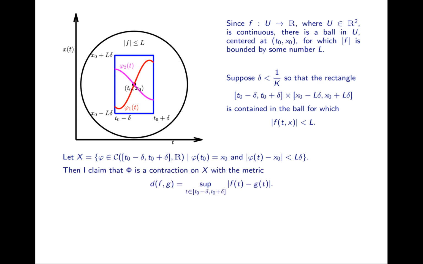So I claim that phi is a contraction on X using the sup metric, constrained to the domain t naught minus delta, t naught plus delta.